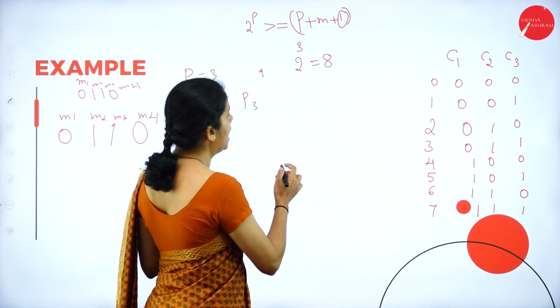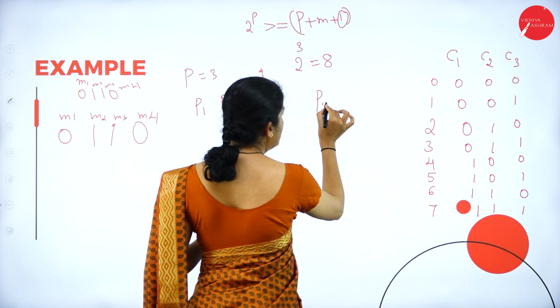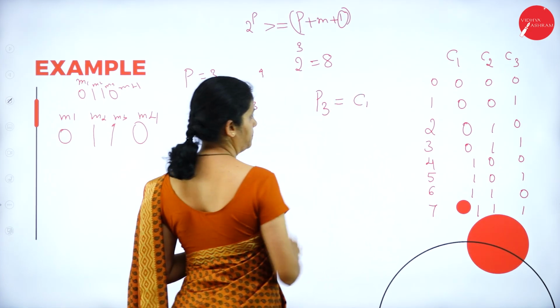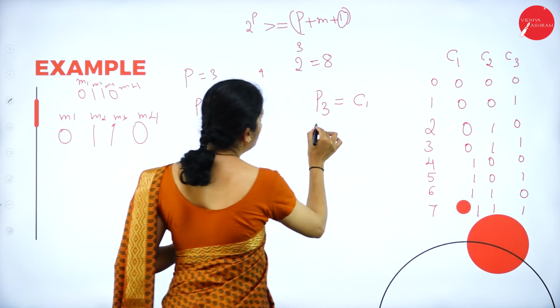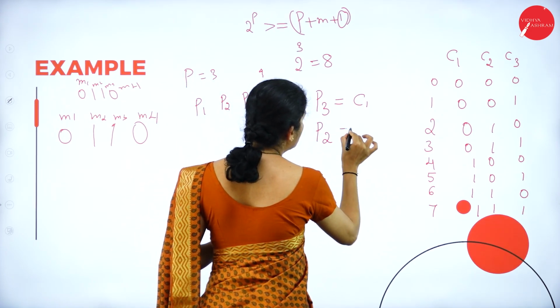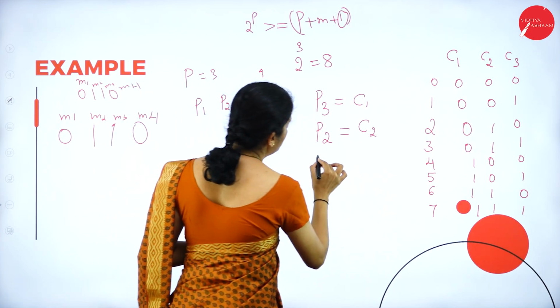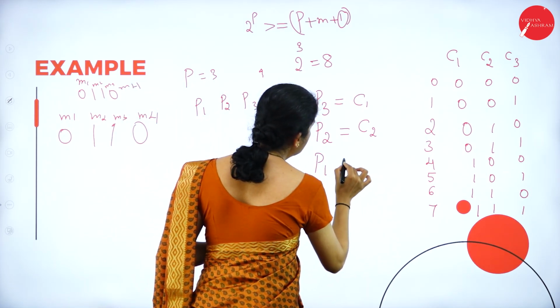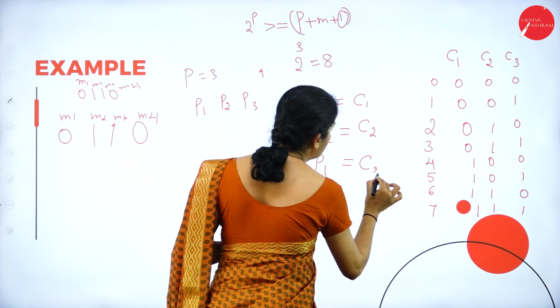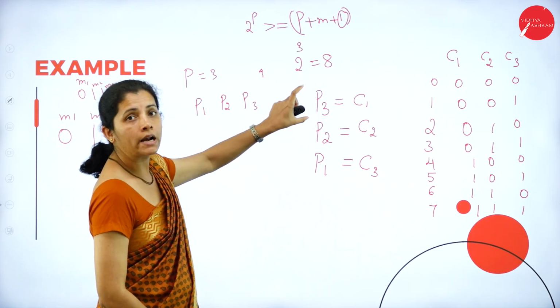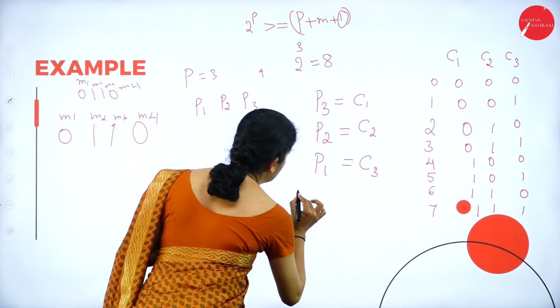Okay, fine. Now, P3 is my C1, P2 is my C2, and P1 is my C3. Now I want to write C1.